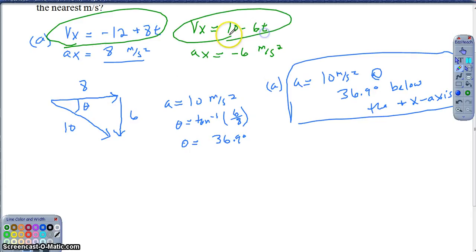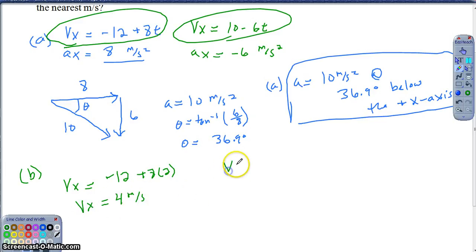If I ask you to find the velocity at 2 seconds, all I have to do is find my x velocity at 2 seconds, which is easy enough. It's negative 12 plus 8 times 2, so 16. Negative 12 plus 16 would be 4 meters per second. So there's my velocity in the x direction, and here's my velocity in the y direction: 10 minus 6 times 2, so negative 2 meters per second.